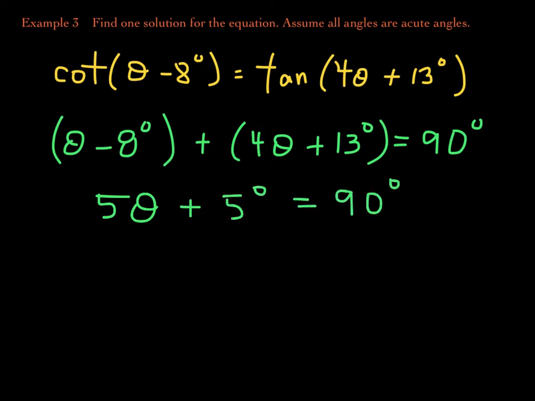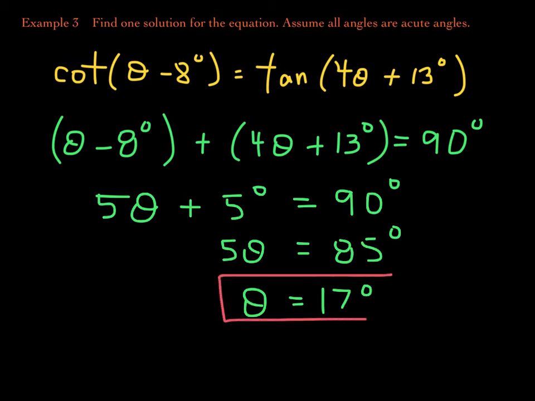I'll subtract 5 degrees from 90 degrees, and I'll divide both sides by 5, and theta must be equal to 17 degrees. This is the solution for theta. If you were to plug 17 degrees in for theta, you would find this left-hand side is exactly equal to the right-hand side.